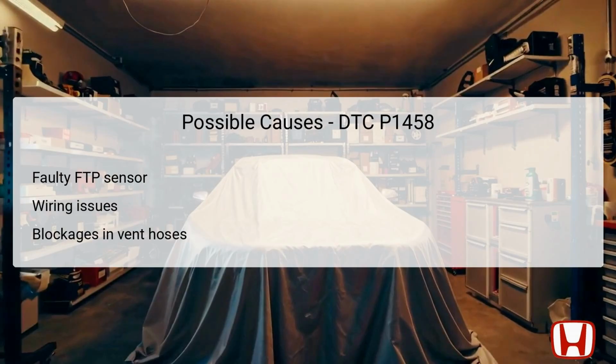Another potential cause includes blockages in the vent hoses connected to the FTP sensor, which can affect its ability to measure pressure accurately. Additionally, malfunctions in associated components like the EVAP canister vent shut valve may also contribute to the detection of this error code. Each of these factors must be considered during the troubleshooting process to eliminate false conclusions and ensure accurate diagnosis.